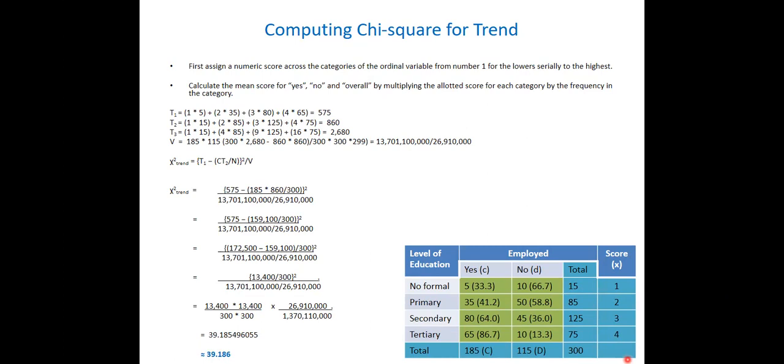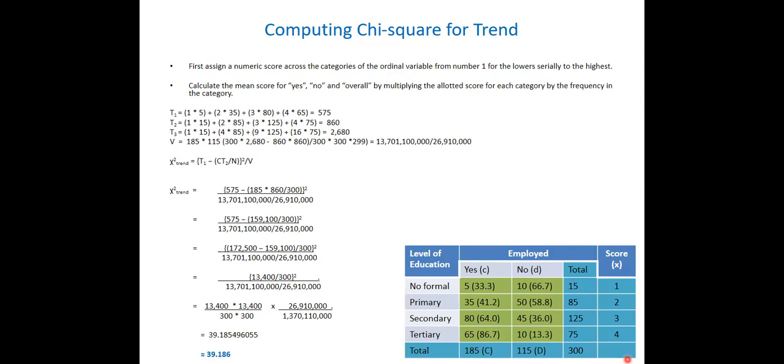Chi-square for trend is (T1 minus T2 over N) bracket, S squared over V. What V is, is stated there also. So you just put it in. I don't need you to bother yourself, but if you actually want to see what you do here, how do you calculate the T1?